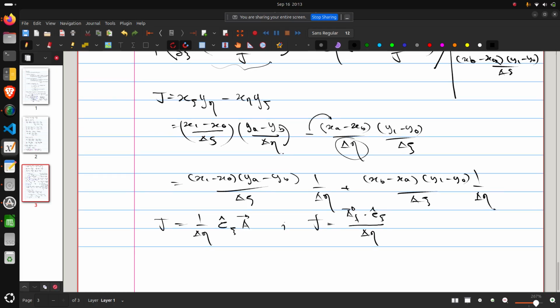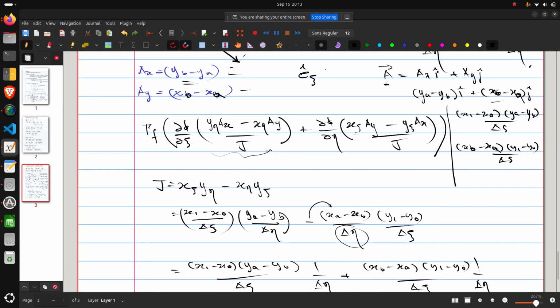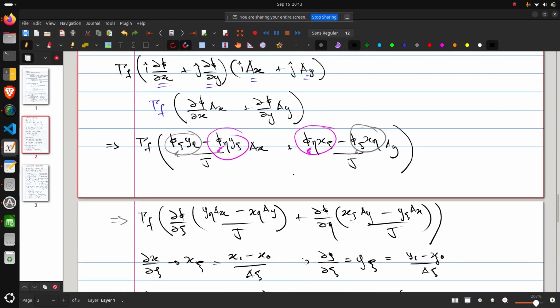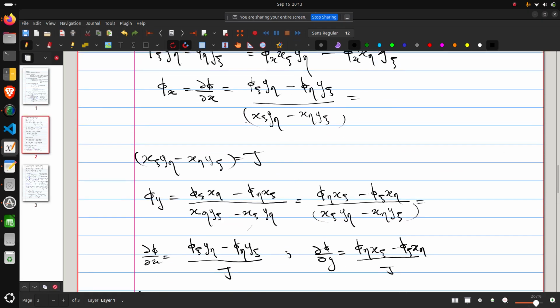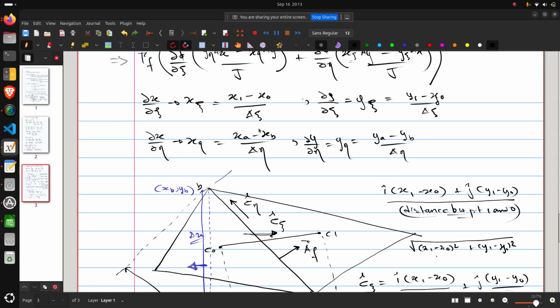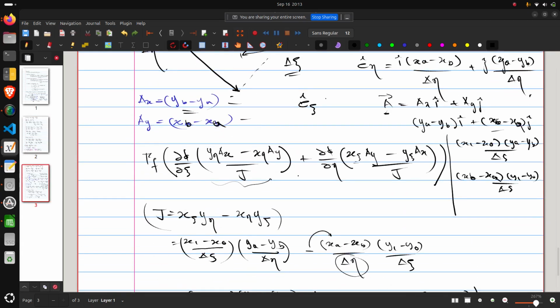So this is just a mathematical manipulation that we have done. This is the Jacobian that we have derived long back in this part. We have termed it the Jacobian, and we have the form of Jacobian here.